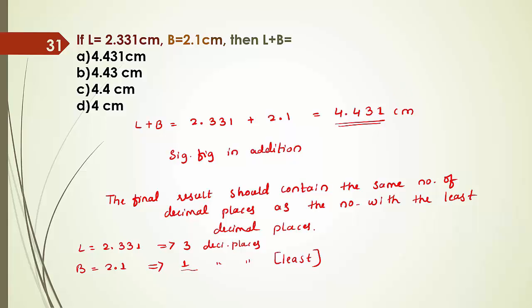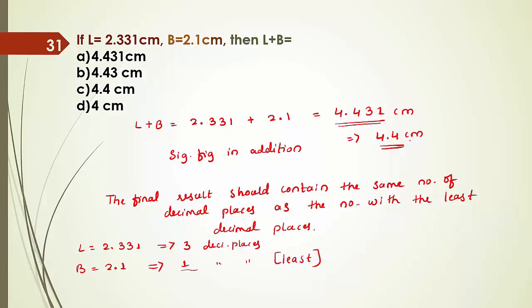The final result we calculated is 4.431 centimeter. How many digits are there after the point? 3 digits. But according to significant figures in addition, we have to consider only the least decimal places. So we can modify this answer to 4.4 centimeter. Why are we going to write only 4.4?